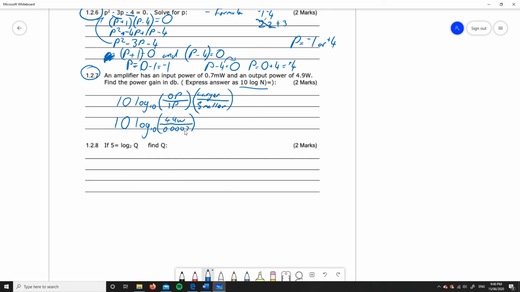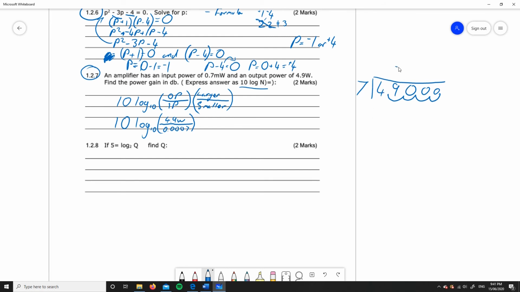So my decimal point was there, 1, 2, 3, 0.007. So in order to calculate that out, we'll just do it over to the side here. So 4.9 divided by 0.07. So what I need to do is multiply this, or move that decimal place across 4 decimal places so that I'm dividing it by 7.